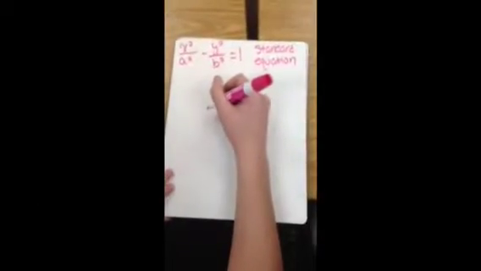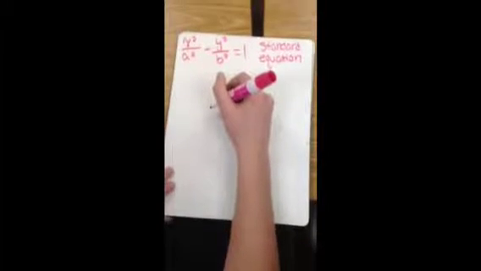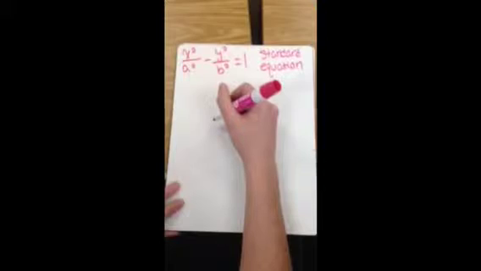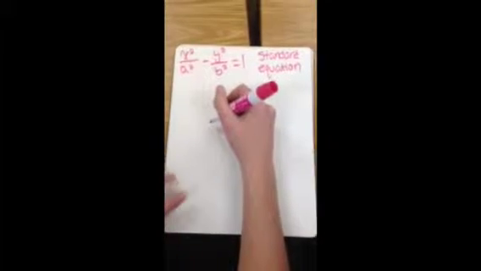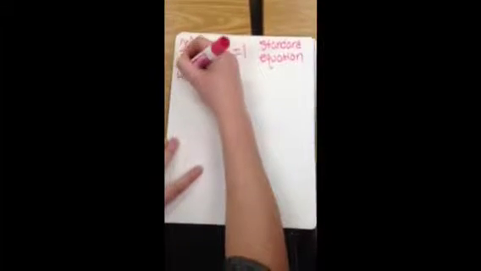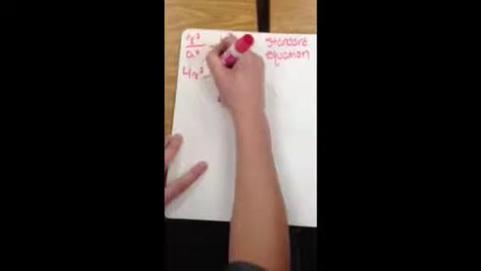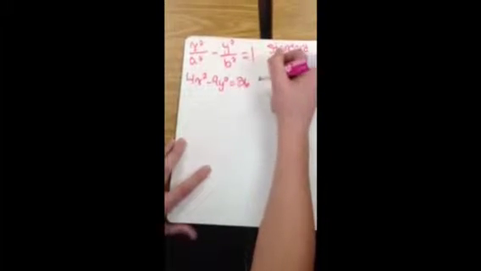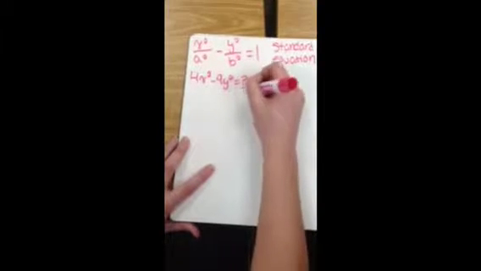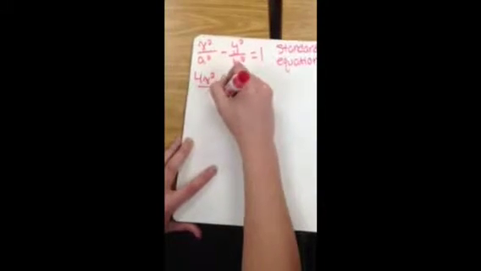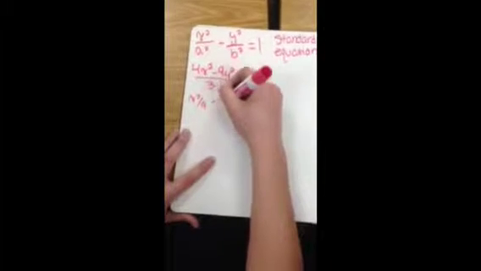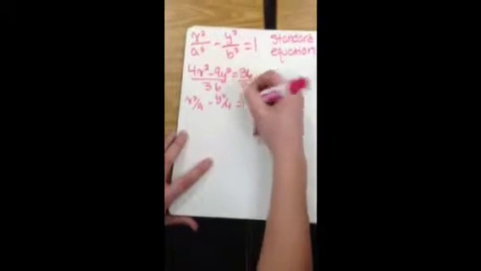Here's an example of how to use a standard equation to find the vertices, foci, semi-conjugate axis, semi-transverse axis, Pythagorean relation, and asymptotes. We start with 4x squared minus 9y squared equals 36. To get the standard form, divide each side by 36, which gives x squared over 9 minus y squared over 4 equals 1.